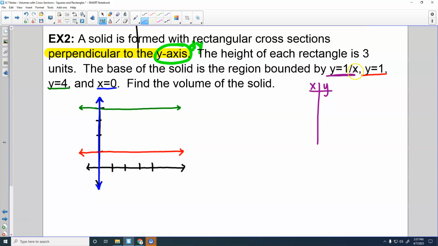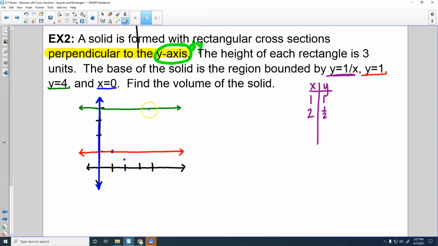Because that'll be undefined. But if we plug in 1, we'll get 1 divided by 1, which is 1. So we got the point (1, 1). If we plug in 2, we get 1/2.